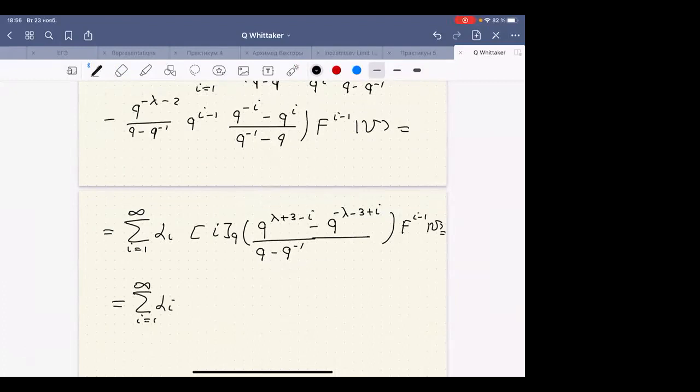I hope that all the calculations are correct. This is again a q number, yes? I think yes.